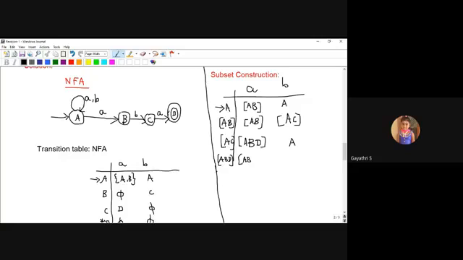Next, B on A, no transition, and D on A, there is no transition. So this is AB. Next, ABD on B. So A on B is A, B on B is C, D on B, there is no transition. Okay, so AC only.